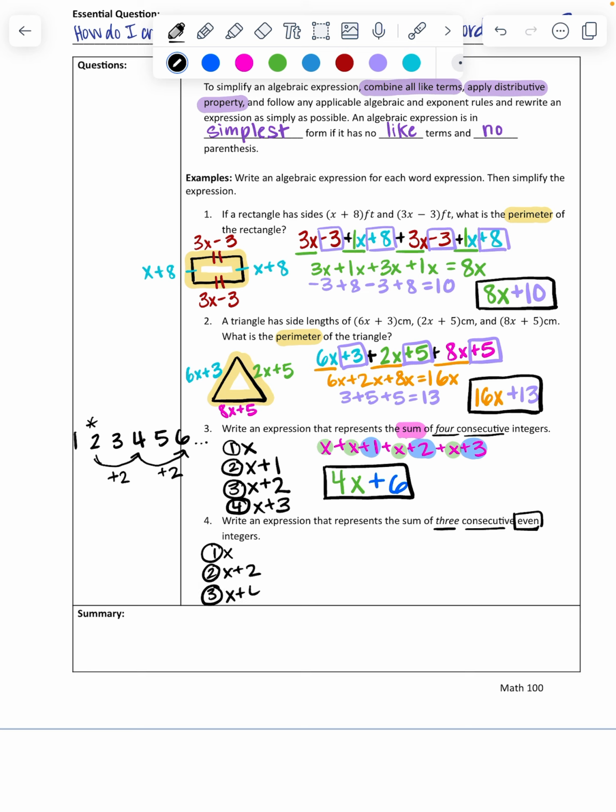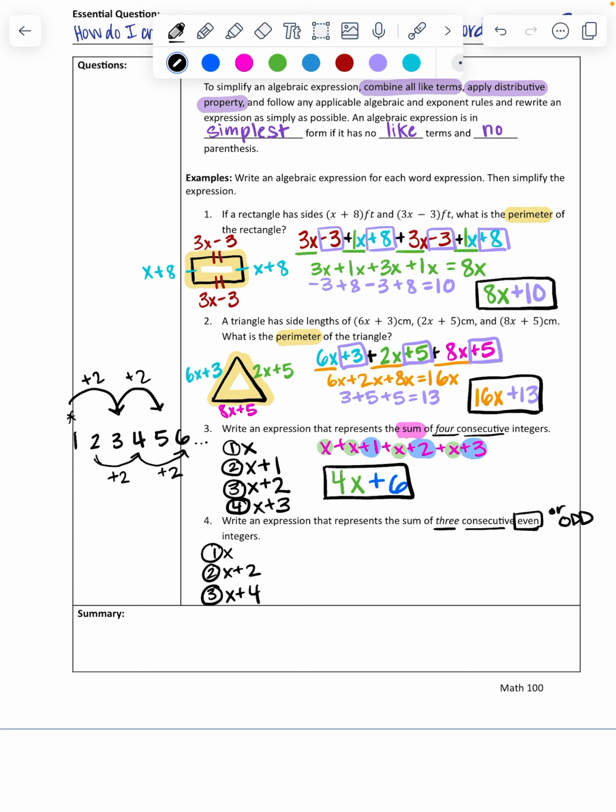Now this works the same even if this said odd, because if you started with an odd integer, 1 for example, you would add 2 to get to the next odd one, and another 2 to get to the next one. So even or odd will always be plus 2, plus 4, and so on.